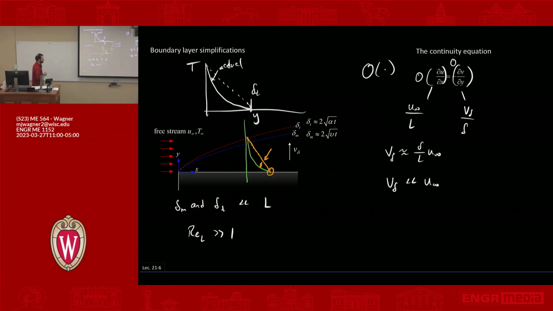So I guess that's a useful conclusion. You can imagine, when it comes to the momentum equations, that knowing that these velocities are very different may help us. But for now, we can just say, I really care a lot about what's happening in the x direction, maybe not so much in the y direction in terms of velocity. Okay, so that's the continuity equation.